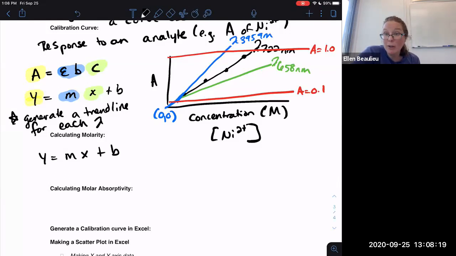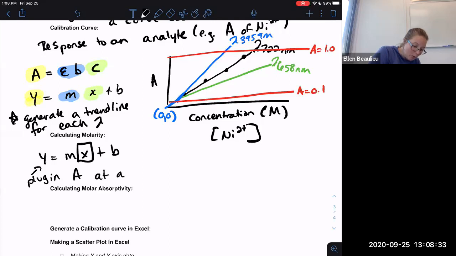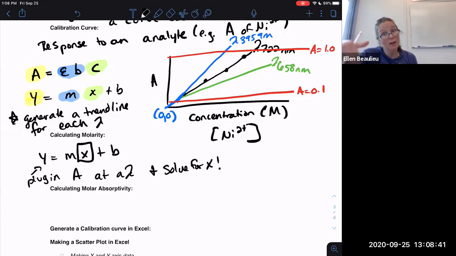Well, you want to calculate the molarity of your unknown solution. That's the concentration. That's the variable x. That's what you're going to calculate for. So you're going to plug in the absorbance at a wavelength and solve for x. So you should get 3 different concentration values, 1 for each wavelength of measurement, but they should be roughly the same.